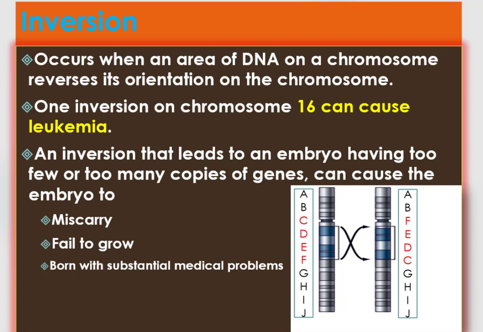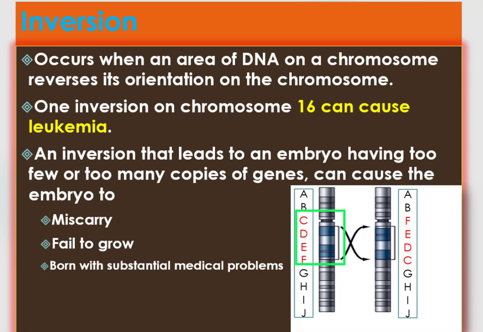Chromosomal mutation due to inversion occurs when an area of DNA on a chromosome reverses its orientation on the chromosome. As we can see from the diagram, we can suppose a chromosome that has gene sequence A, B, C, D, E, F, G, H, I, J gets its part that contains genes C, D, E, F inverted by 180 degrees.